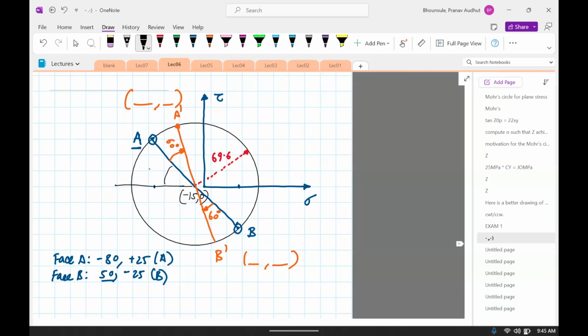So this angle is 21 degrees. This was computed in example 1.